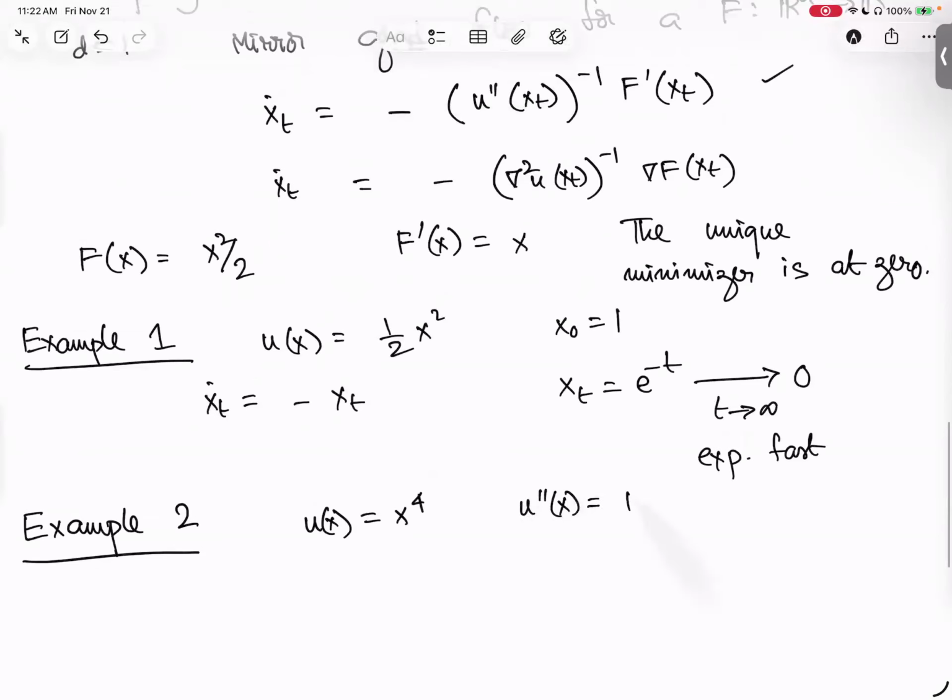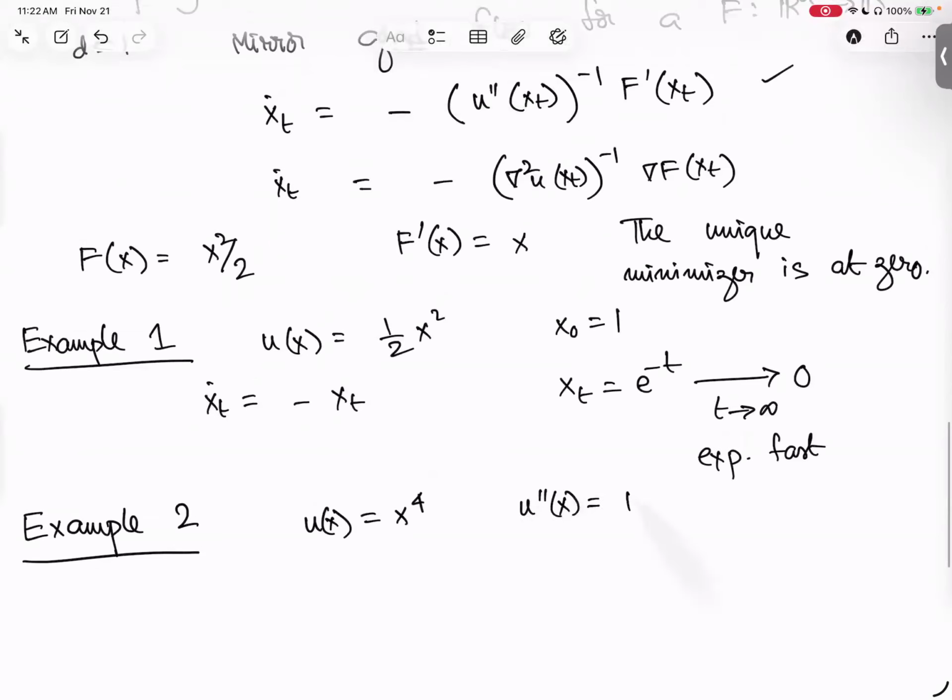So I'm solving xt dot is equal to minus 1 over 12 xt squared times f prime of xt, which is just xt. This gives me minus 1 over 12 xt. I can solve for this with x0 equals 1 again, and I get xt is equal to the square root of 1 minus t over 6, positive part.